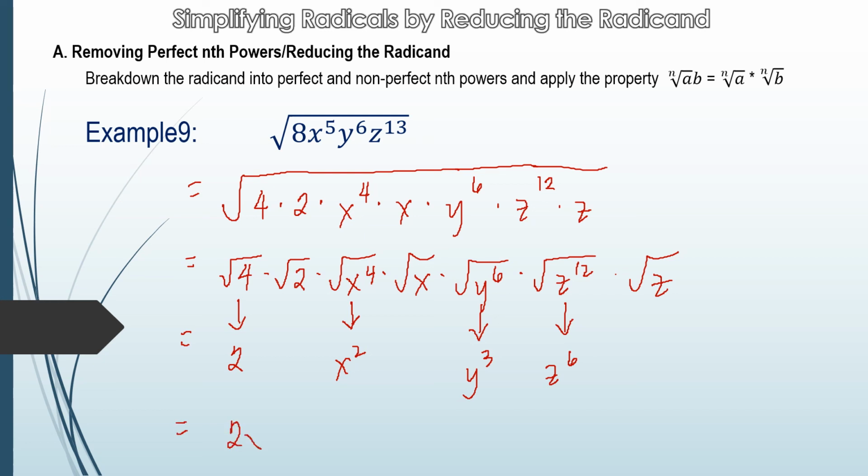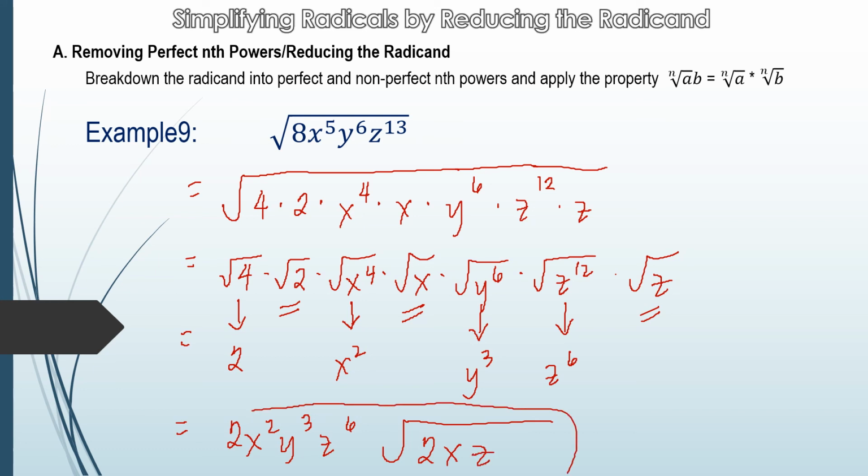So we have 2x squared y cubed z raised to the 6th power times the square root of, so we will just simply copy the square root of 2xz, since we can no longer simplify them. So we have 2x squared y cubed z to the 6th power times the square root of 2xz.